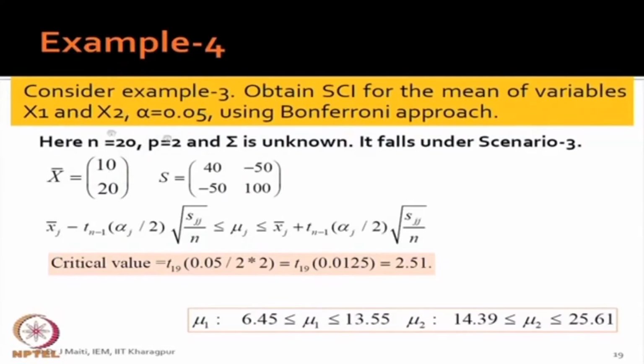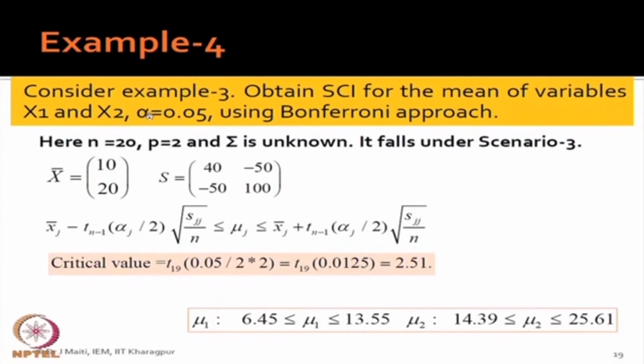Example 4: consider example 3, obtain simultaneous confidence intervals for the mean. So, t n minus 1 at alpha j by 2, that is 19.0125. How have we got 0.0125?